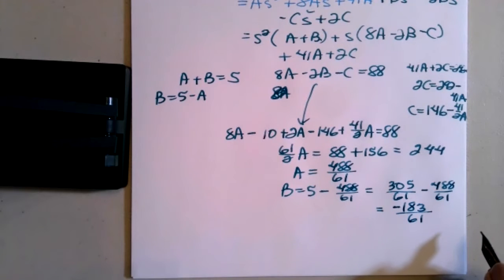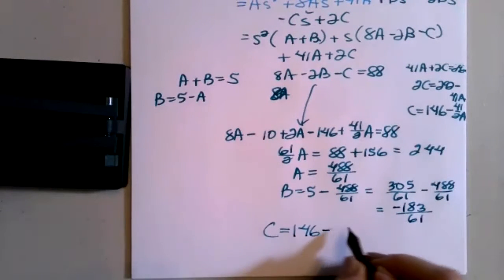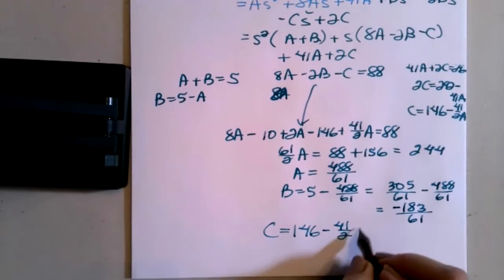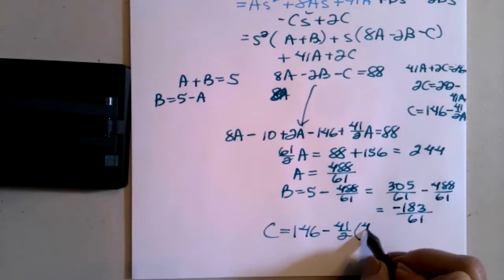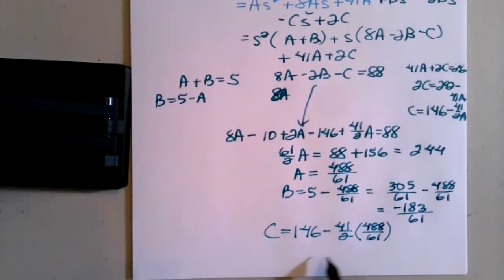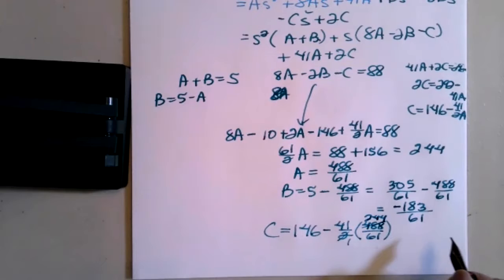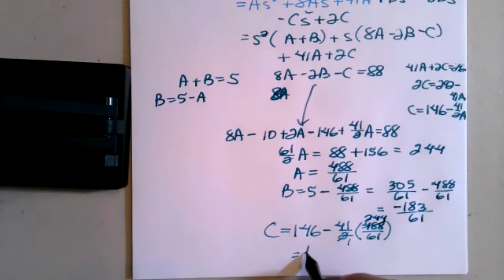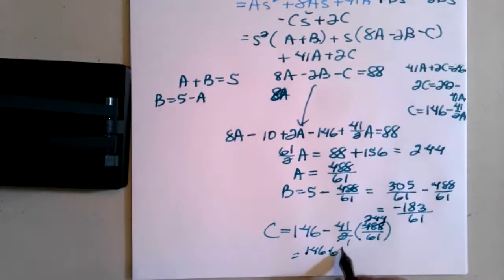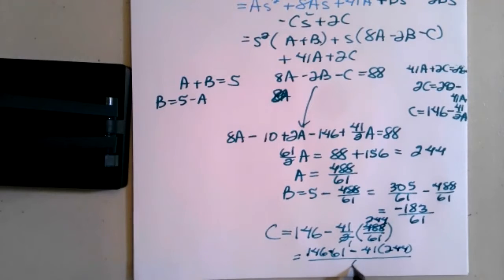And then C is 146 minus 41 over 2 times A. Well, the 2 cancels and makes this a 244. Not really much better. So this is 146 times 61 minus 41 times 244, all over 61.